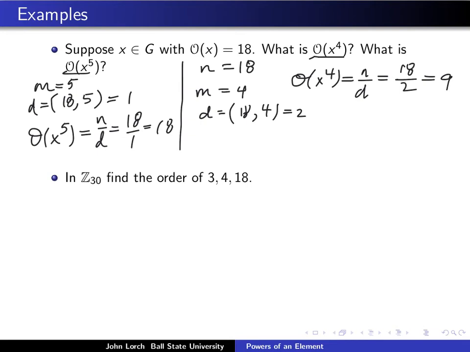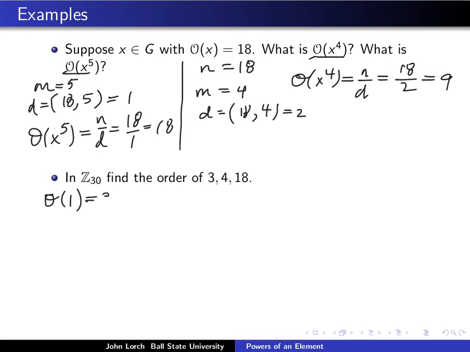Okay, now in the next example, we're computing some orders of elements in Z30, and we need to remember now that Z30 is an additive group, and that means that exponents are now going to become multiples. So the first thing that we might observe in Z30 is that if we take the order of 1, what's the smallest positive multiple of 1 that will give 0 in Z30?